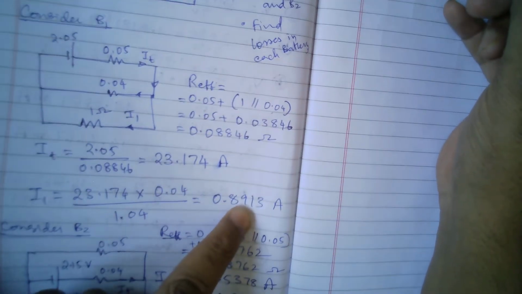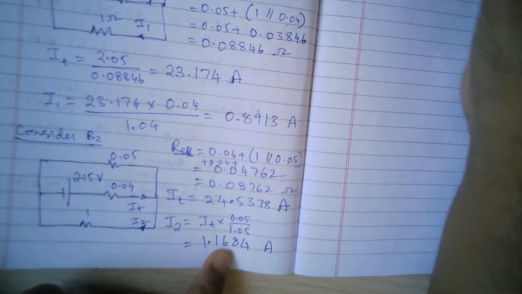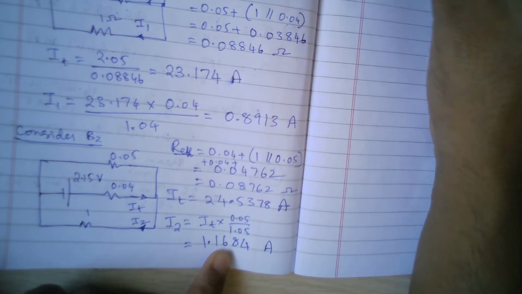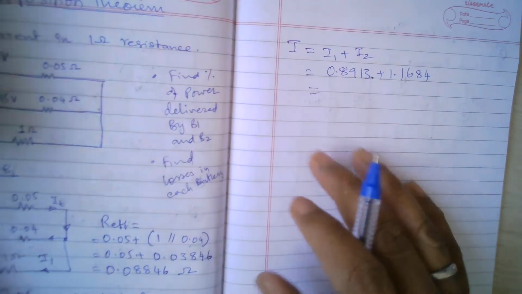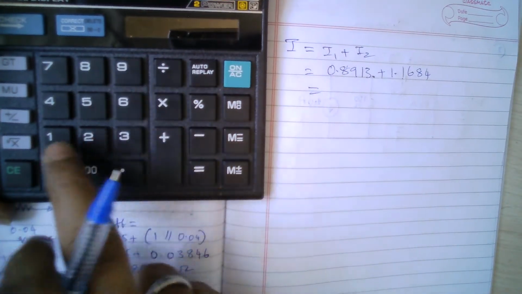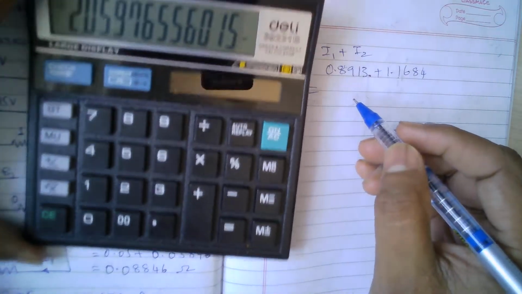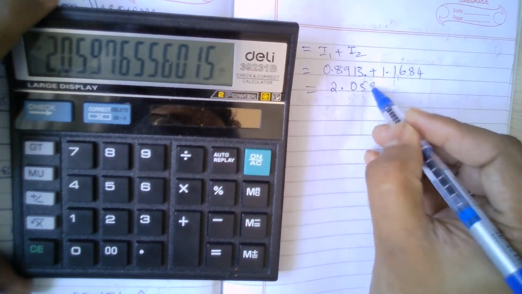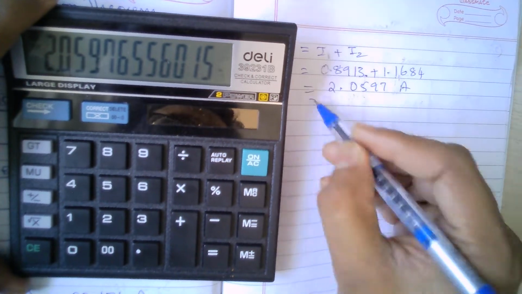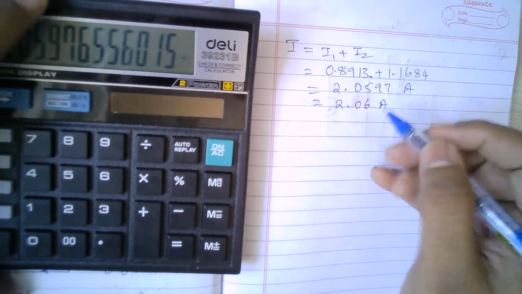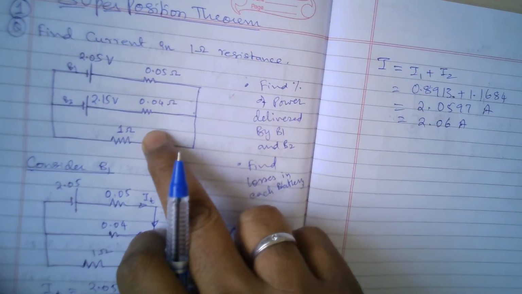Okay, so that's the answer we got here, and plus 1.1684. Okay, so what is the total current? So I'm getting 2.0597, or we can simply say 2.06 amperes of current. Okay, so this is the total current in this resistance.